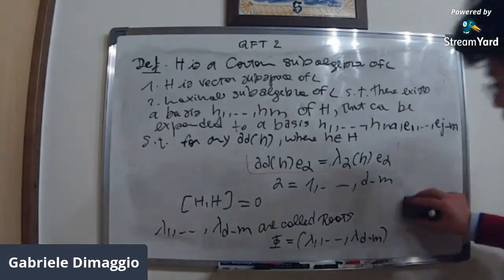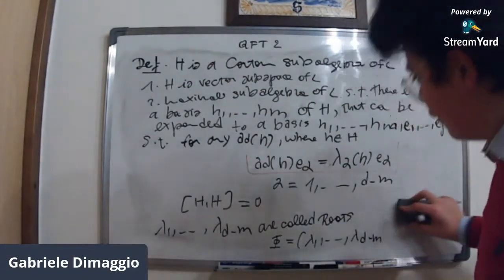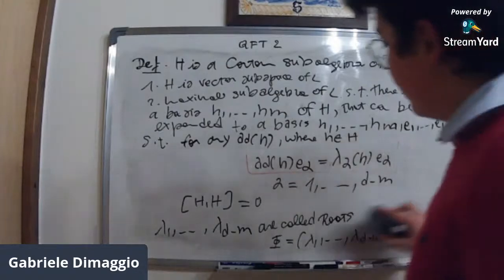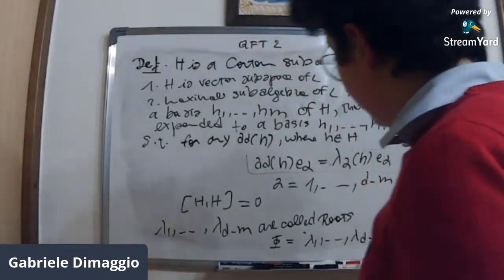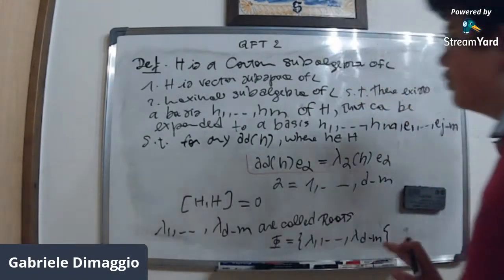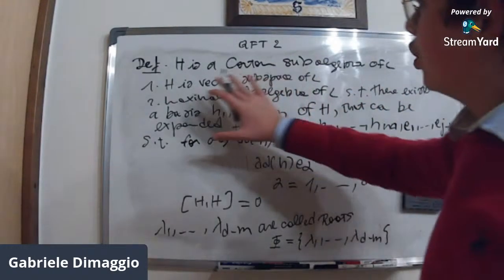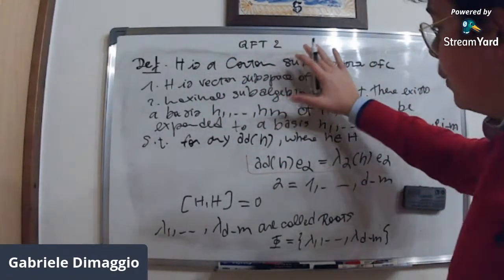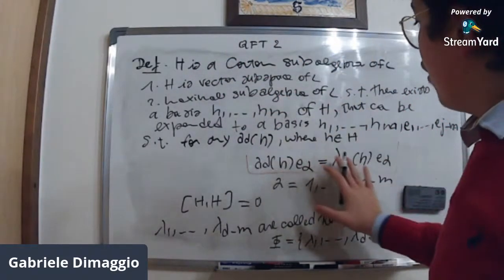Root set. So every finite dimensional Lie algebra possesses a Cartan subalgebra, and in the definition of the Cartan subalgebra, I meet the definition of these roots.